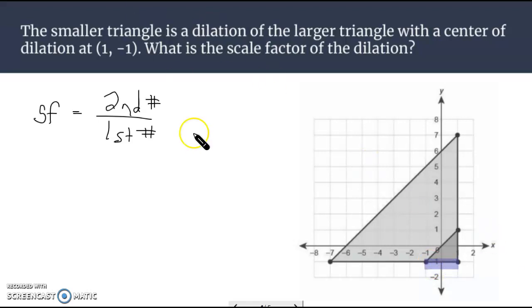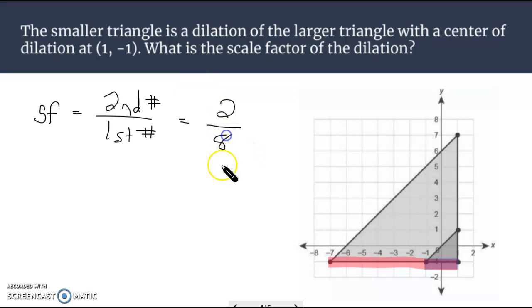That has a value of 2. We can think of that as our second number. For the original image, the big triangle, I'm going to focus on the base, from here to here. It seems to have a distance of 8. We count 1, 2, 3, 4, 5, 6, 7, 8. And that is where we started, the original value.